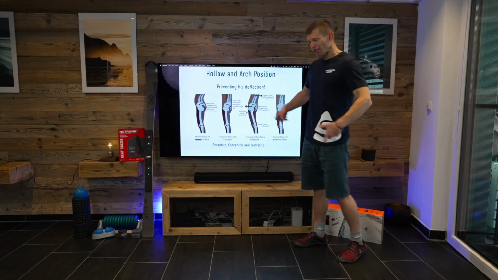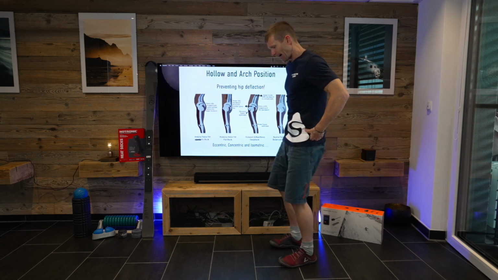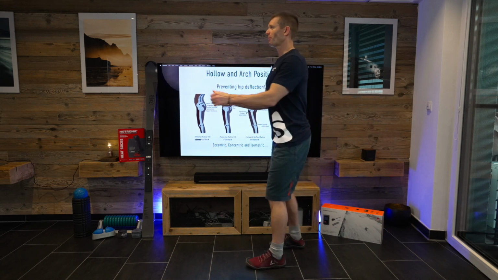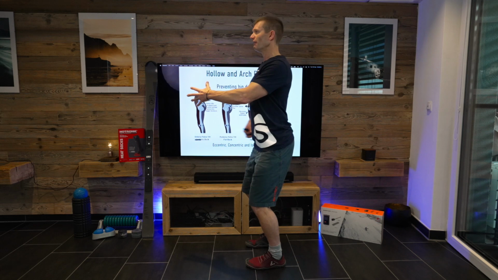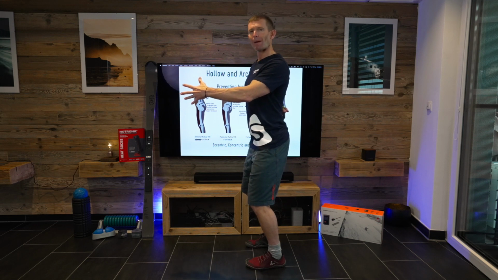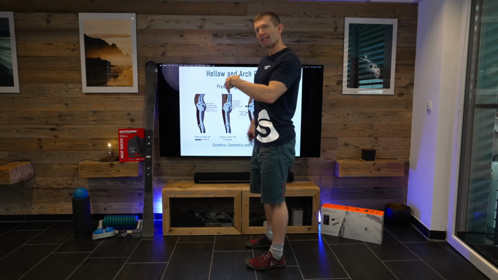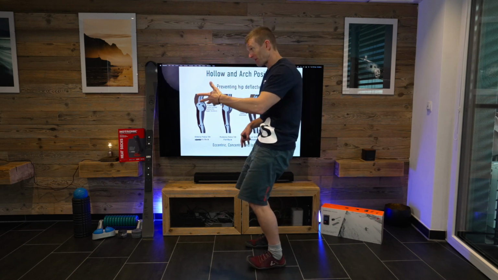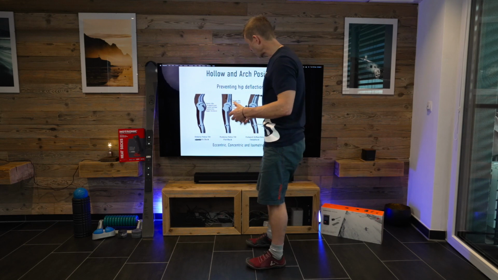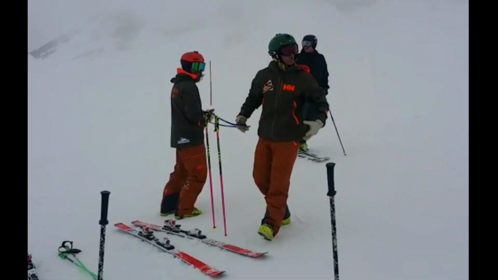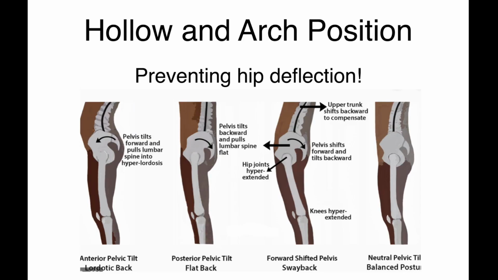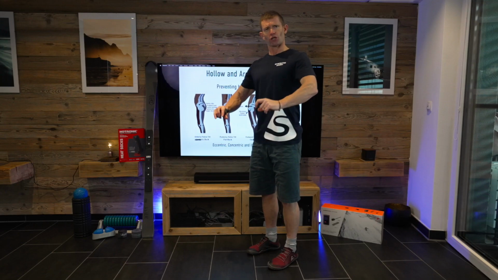And I've already mentioned a little bit about the pelvis and how it can have an effect. You've probably seen skiers who ski in this very, very arched position in the lower back. Often they've come from riding horses. And equally, we get people skiing in this position, as I mentioned before. Now, previously, we used to play with the pelvis a lot and try and work people into a good position.